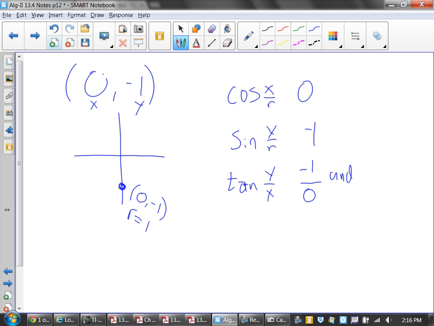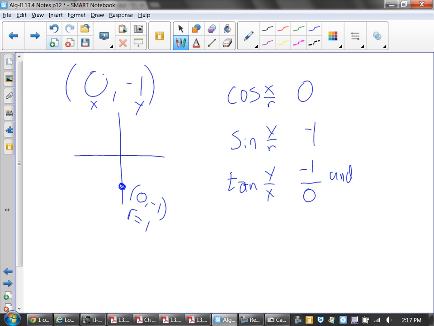So now when I do my inverses, the inverse function of cosine is what? It's secant. What's the inverse of 0? Undefined. The inverse of sine is cosecant. The inverse of negative 1 is negative 1. And then the inverse of tangent is the cotangent. Inverse of undefined is 0. Okay. Is that what you're talking about? So those aren't that bad. You just have to remember where you're being placed, which one goes with what. Anytime you're on a quadrantal, remember that r is 1.